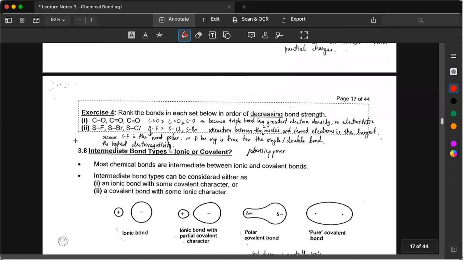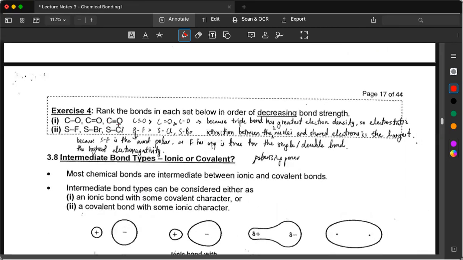You can try exercise 4 in your own time to rank the bonds in order of decreasing bond strength. For this one, C-O, C=O, C≡O: the triple bond should have the greatest electron density, as the electrostatic attraction between the nuclei and the shared electrons is the strongest. So its bond strength should be the highest, followed by the double bond.